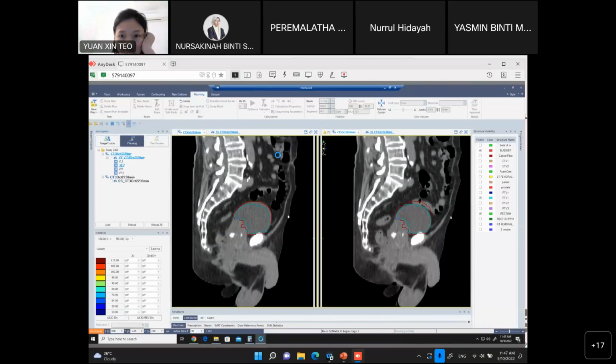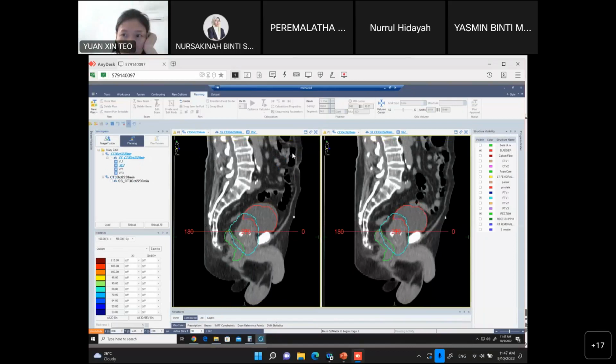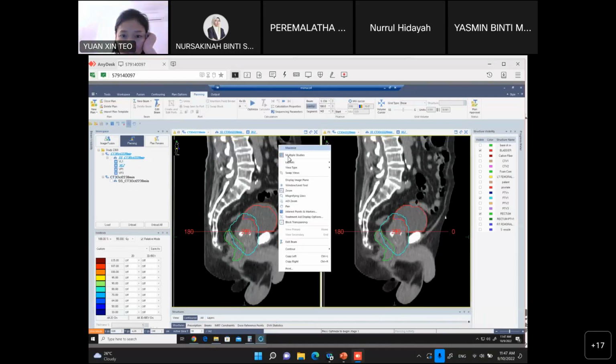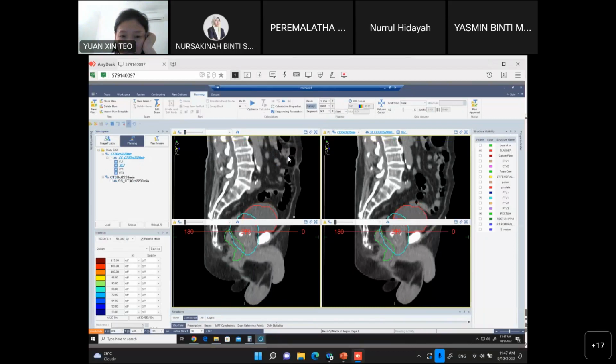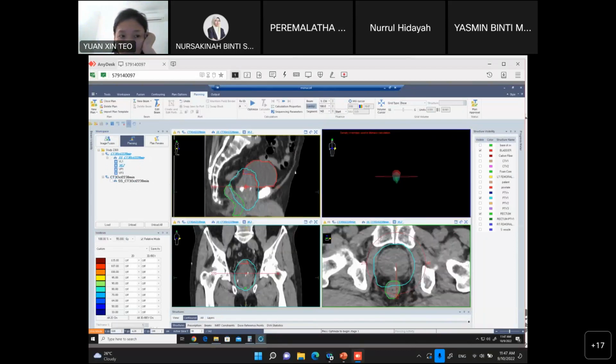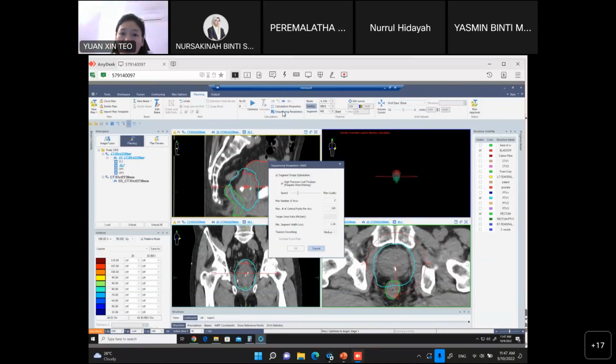Okay, now I show you the plan. So this is a remap plan. We create a plan with a full arc rotation with this red color from 180 to another 180. So we call it full arc. For this plan, the parameter you can see here, maximum number of arcs means you put one beam, it is actually 2 arcs.